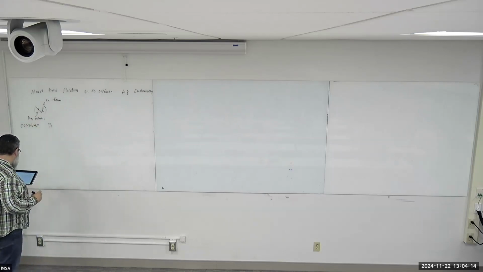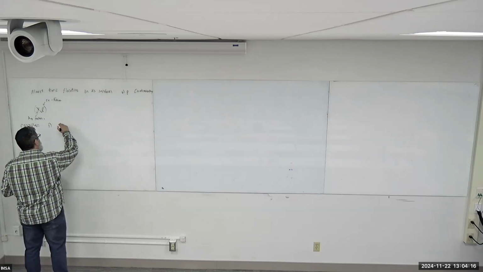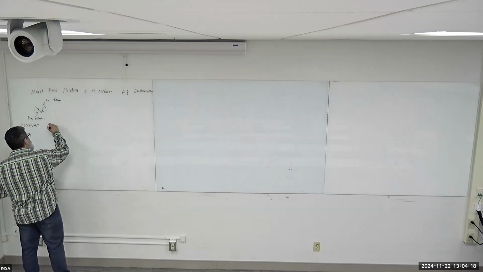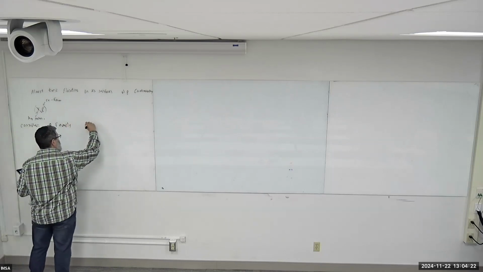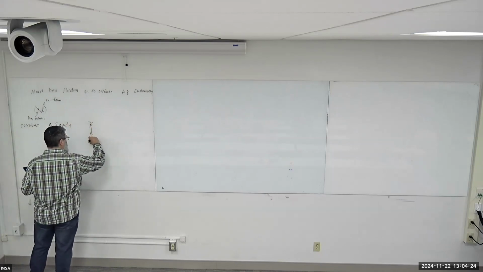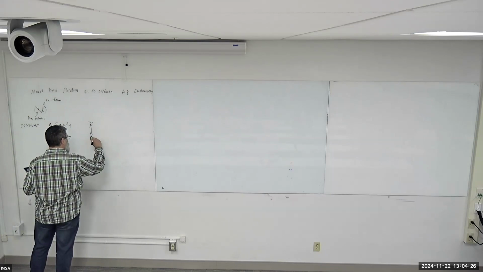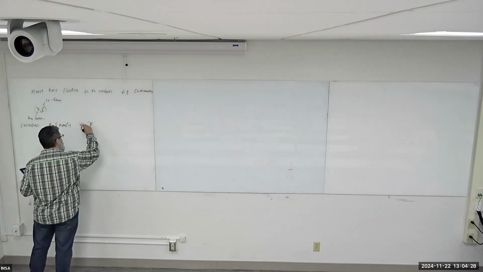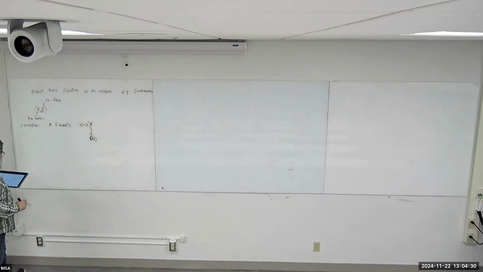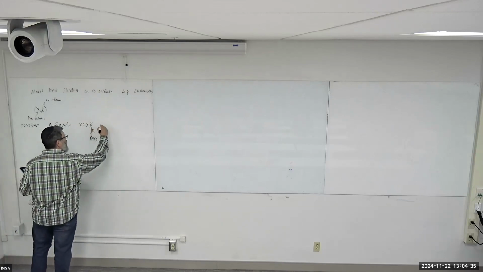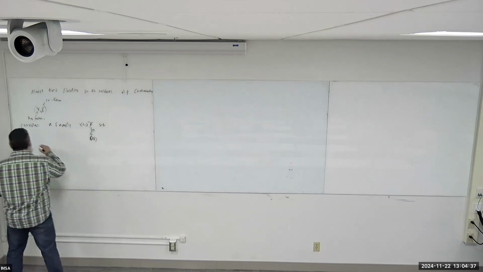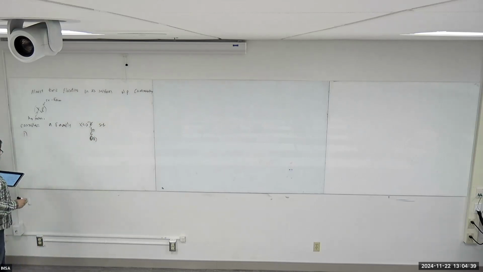So the setup will be as follows. We have a family X over a disk, with X as a fiber. Let's call this map phi, and we make a number of assumptions.